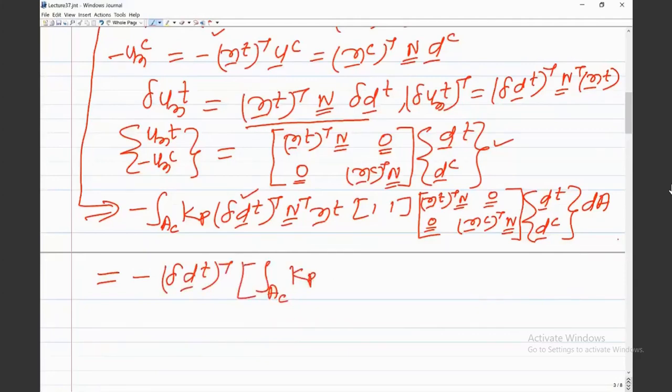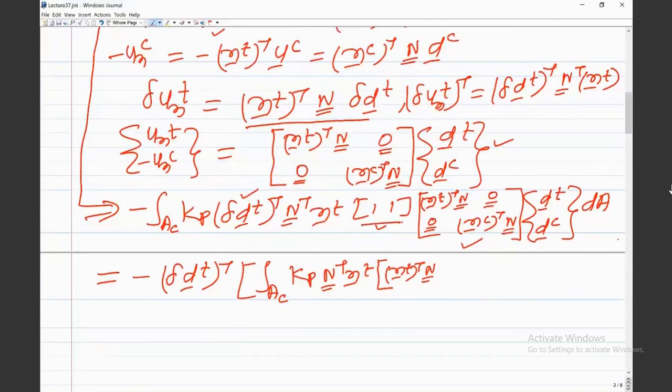And now we have of course this N transpose into NT. Now we can multiply these two, so we will have here 1 1, and we will get NT transpose into N, so 1 into this and then 1 into null matrix, that would be null contribution.